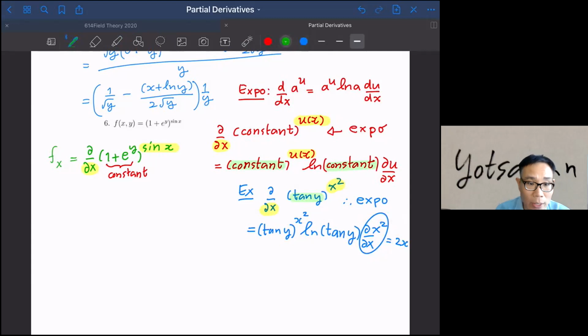So for d/dx of (1 plus e to the y) to the sine x, we just have (1 plus e to the y) to the sine x times log of (1 plus e to the y), the log of the base. Then you differentiate sine x with respect to x.